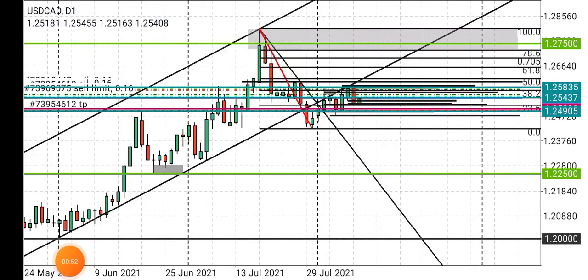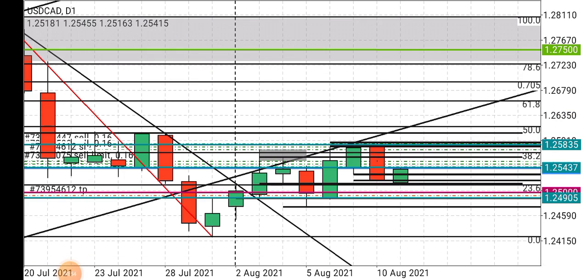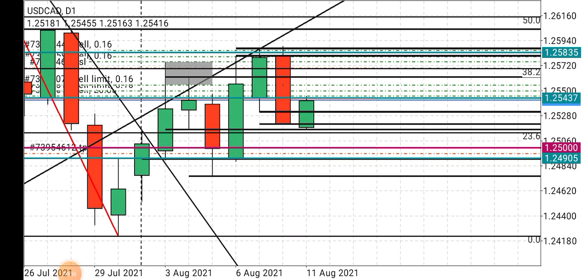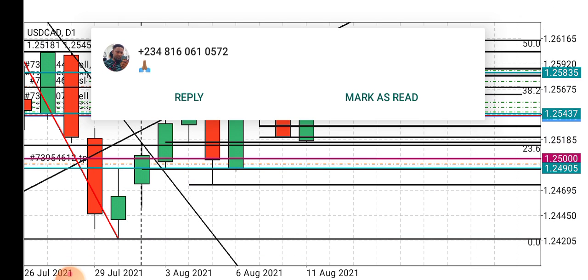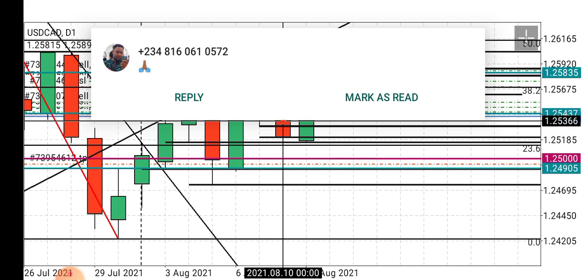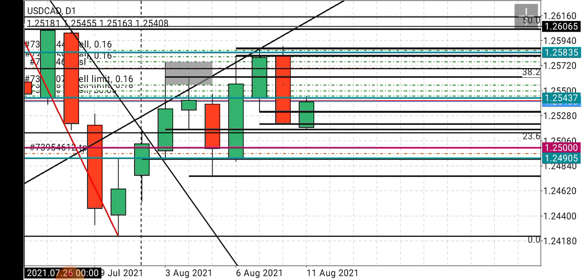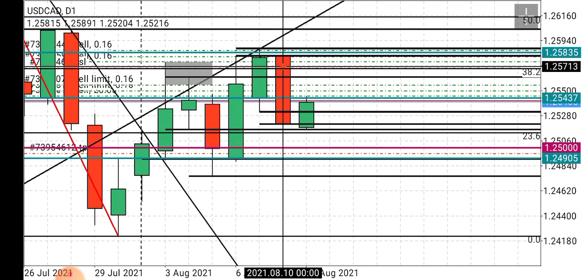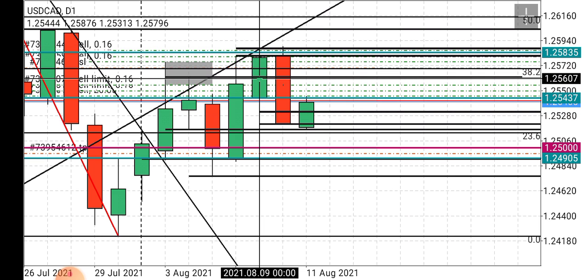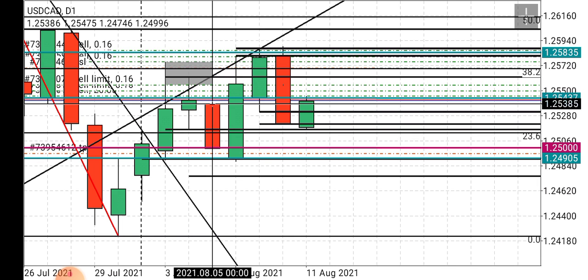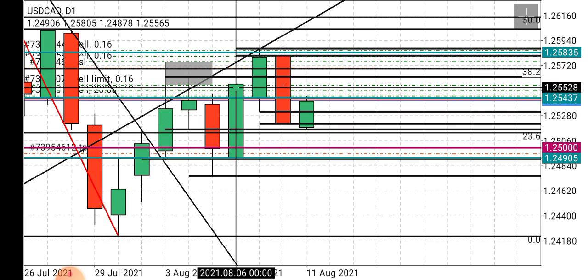If we take a careful look at the daily chart, yesterday's candle is printing a bearish candle. The previous day is printing a bullish candle, and even the previous day is also printing a bullish candle.